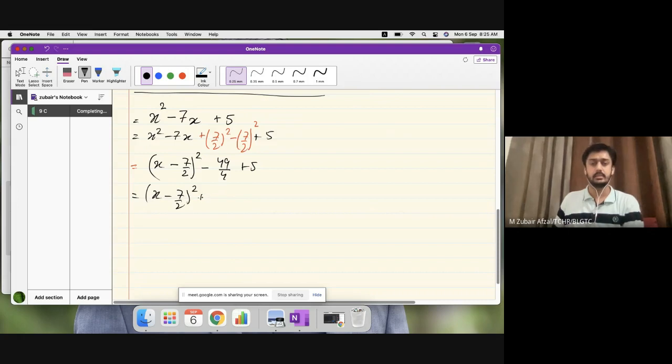When you take LCM, that is 4. 4 by 4 is 1. 1 into 49 is negative 49. 4 divided by 1 is 4. 4 times 5 is 20. So this is x minus 7 by 2 whole square. Overall, we get minus 29 by 4. So this is the completing square form.